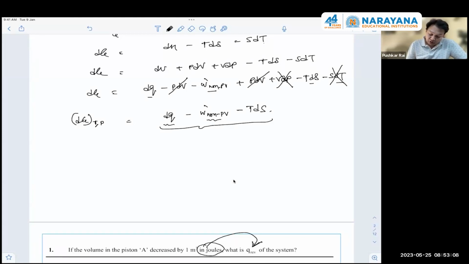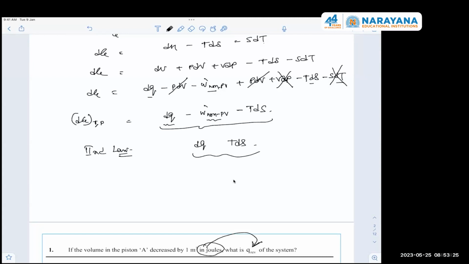Now from the second law, there is a very important principle. In the second law, anyone tell me what is the relationship between dq and TdS? Is there any relation between dq and TdS? Anyone? Yes, sir. What is that relation? dS is dq by T if it is a reversible process. Very good.